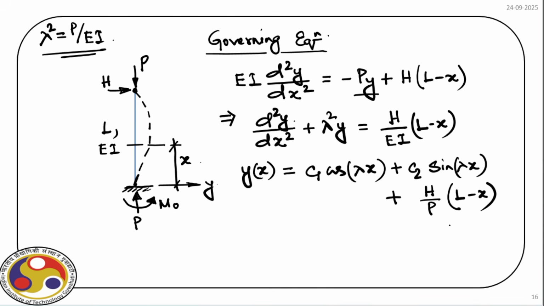Now again we have these two constants C1 and C2 that we have to evaluate from the boundary condition, and we can easily identify the boundary condition.